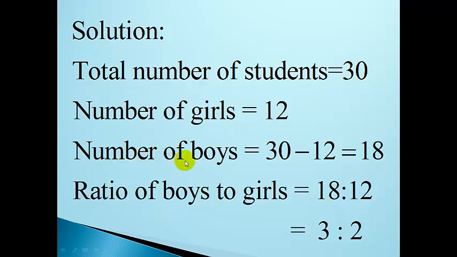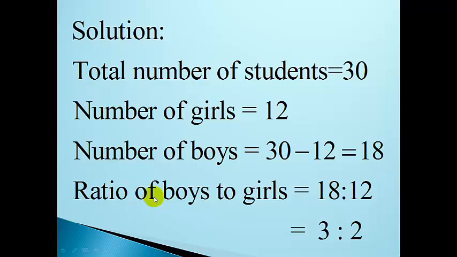And so the number of boys is equal to 30 minus 12, where 30 is the total number of students and 12 is the number of girls. And that is equal to 18.